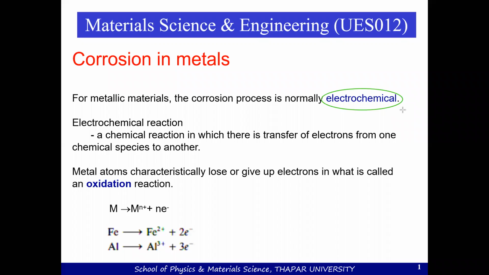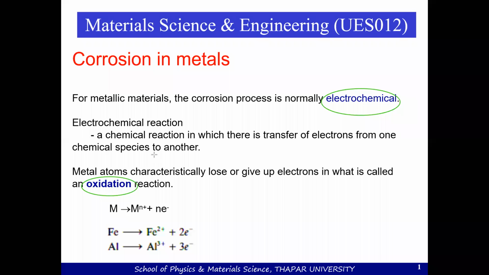The process in which a metal liberates an electron from its outermost orbit is called the oxidation reaction. So generally, metals have a tendency to undergo oxidation.